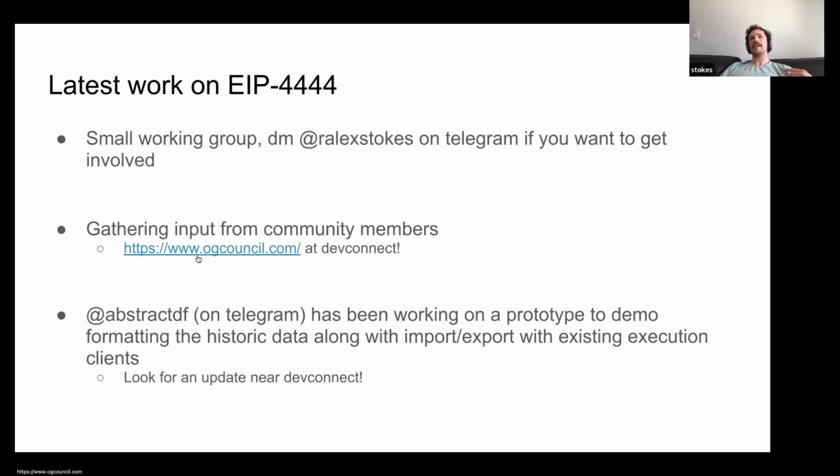I did want to say, we put out the EIP, and it's been discussed a little bit among core devs. I think generally there's been a lot of pushback. The main takeaway so far is just that people want to see more from the EIP, and that's understandable.